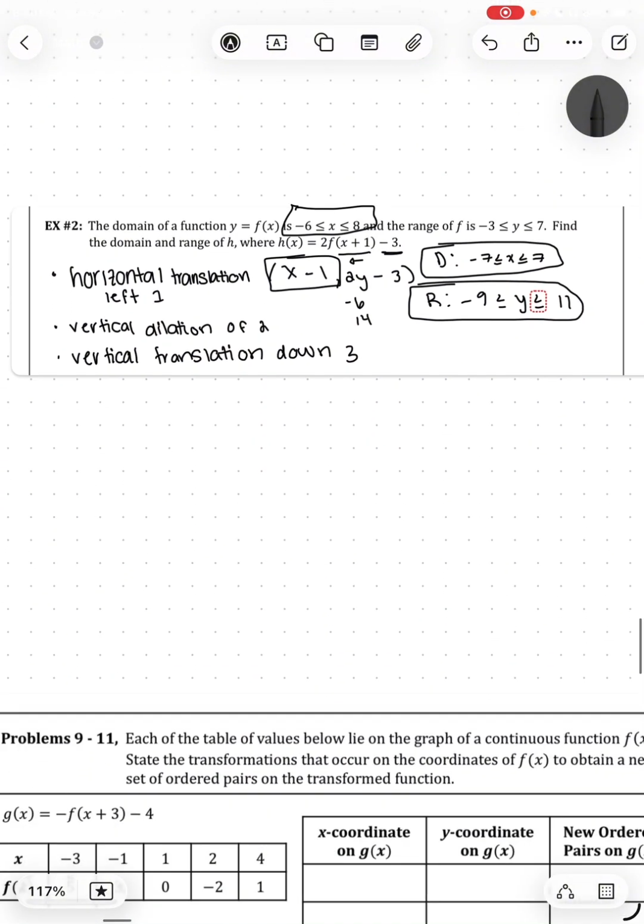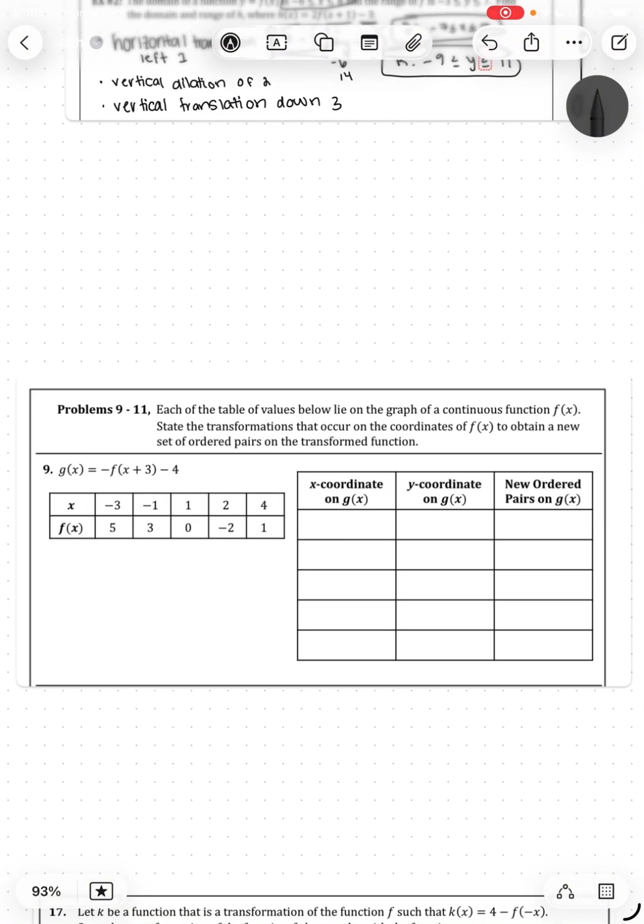Okay, moving on. For each of the table values below, they lie on the graph of a continuous function f of x. State the transformations that occur on the coordinates of f of x to obtain the new set of ordered pairs on the transformed function. Again, we will make a rule based off our transformations. So for x, we know we're going to be subtracting 3.